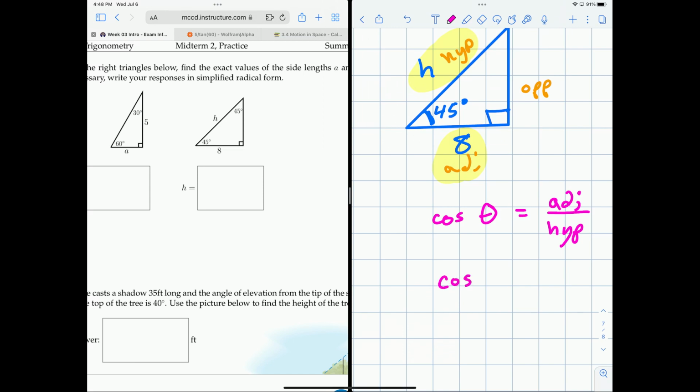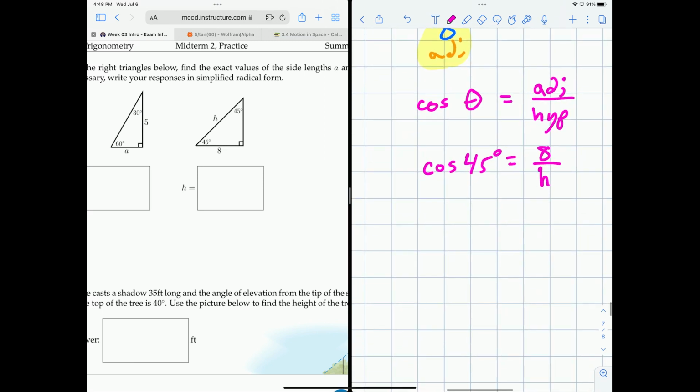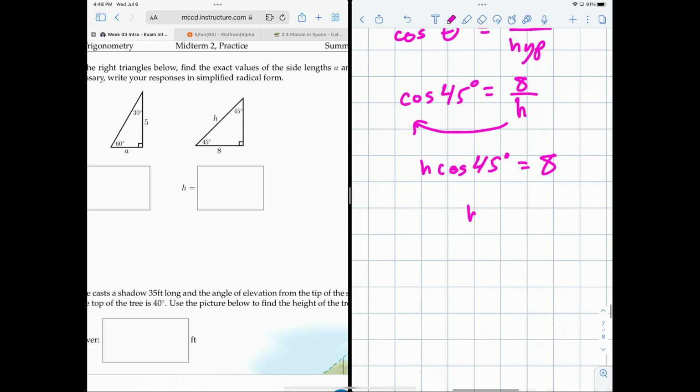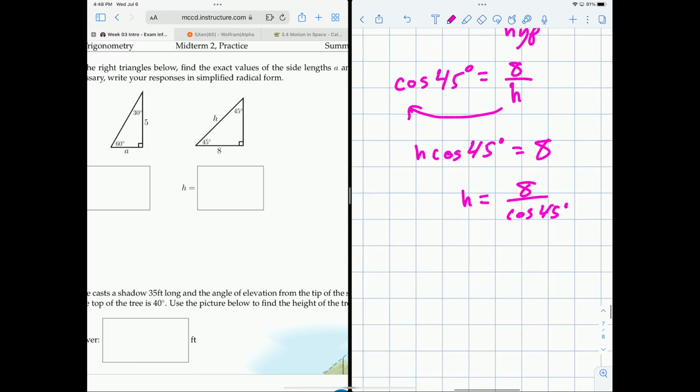Then I fill in what I know. So the cosine of 45 degrees is adjacent, which is 8, over hypotenuse, which we don't know, but it's called h. Again, rearrange this. So move the h up. H cosine 45 is 8. Divide both sides by cosine 45, and h is 8 over cosine 45 degrees.